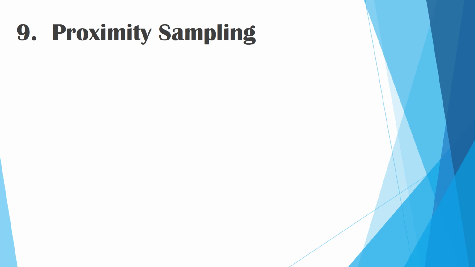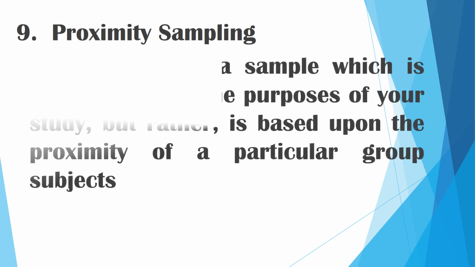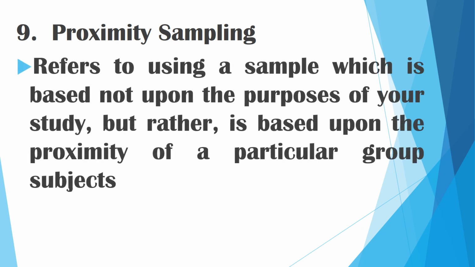Number 9. Proximity sampling. Proximity sampling refers to using a sample which is based not upon the purposes of your study, but rather it is based upon the proximity of a particular group subjects.